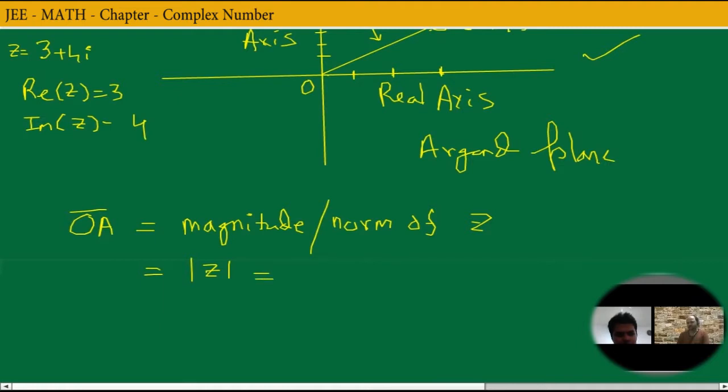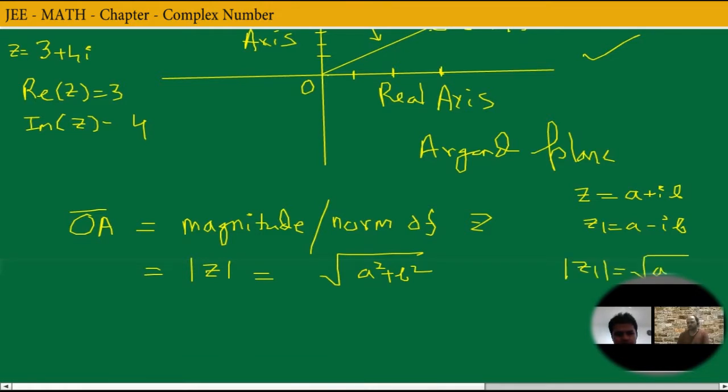If z equals a plus ib, it should be the square root of a square plus b square. If z1 equals a minus ib, the modulus of z1 would be the root of a square plus negative b square. In fact, the square of negative b is equal to positive b square, right?